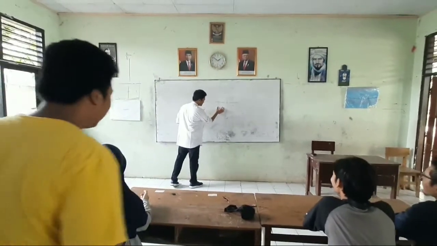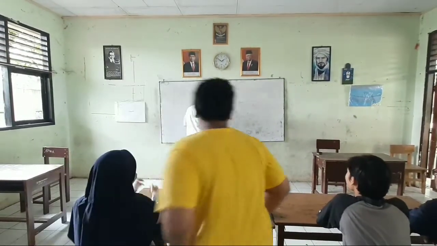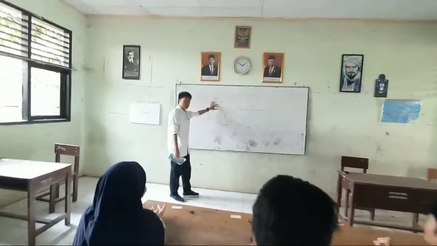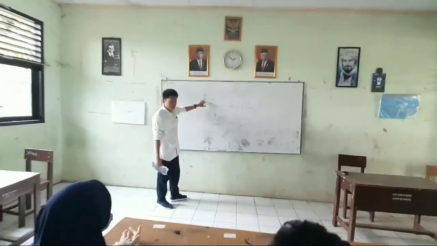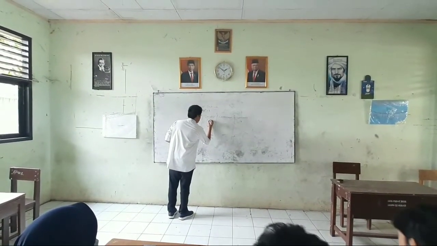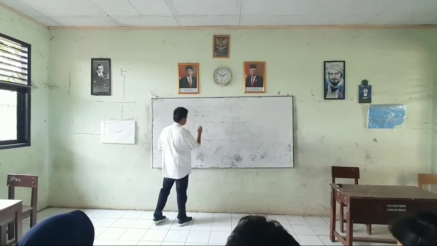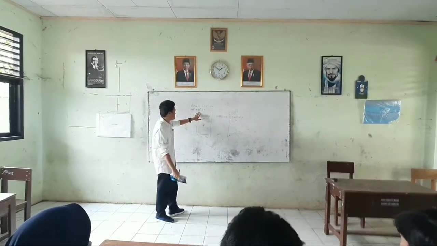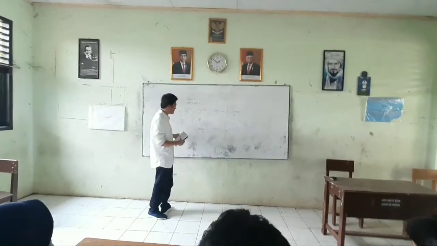Remember, a variable is a word, not a number. So we have 4p to the power of 5. The variable is p to the power of 5. The next one is 4p squared. The variable is p squared.